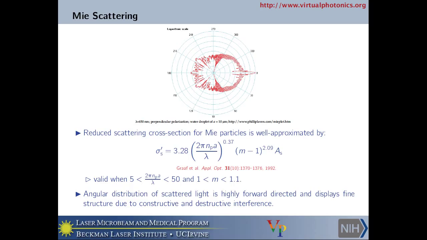Whenever you have that situation, you're going to have a lot of constructive and destructive interference and a very structured phase function. So this is actually the single scattering phase function for this water droplet, okay? In tissue, if you have collagen, it won't be as rippled as this, but you will have, number one, tremendous variation in the drop in backscatter relative to forward scatter, and you're going to see a lot of structure, okay?